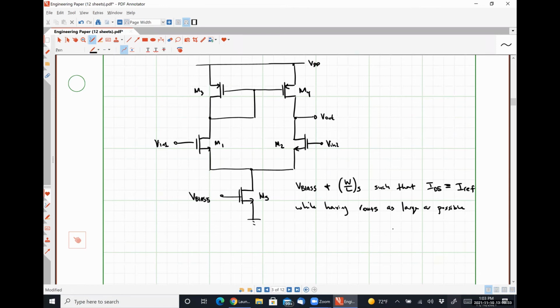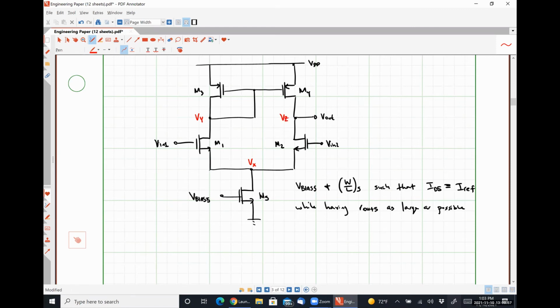But we can't push, let's call it node X here, too low. So we're going to look at node X, what's going on with it, because that's going to be important. Let's call this guy here node Y, and our output, I think it matters, but I'll call it node Z for the hell of it.